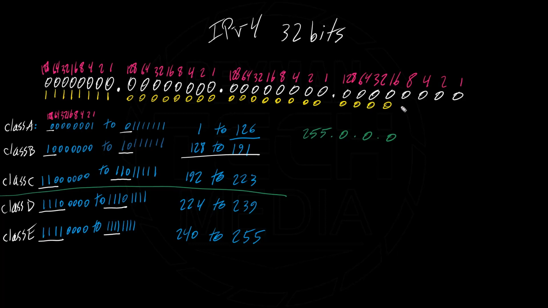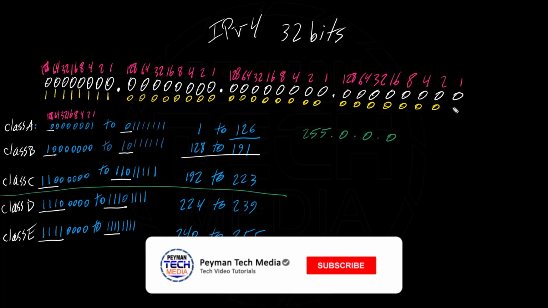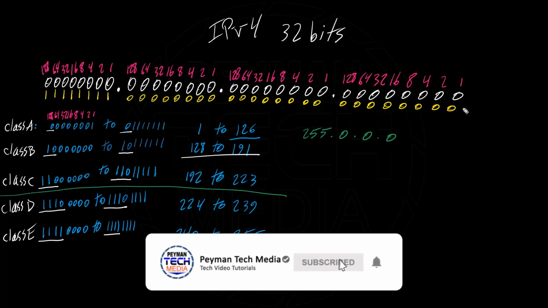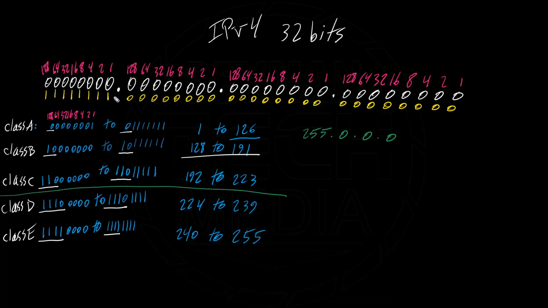And 1s represents the network bits, 0s represents the host bits. So if I ask you a question, for class A, how many octets do we have for network? Only 1, the first octet. So 1s represents the network bits and 0s represents the host bits. Therefore, we have 8 bits for network and 24 bits for host.